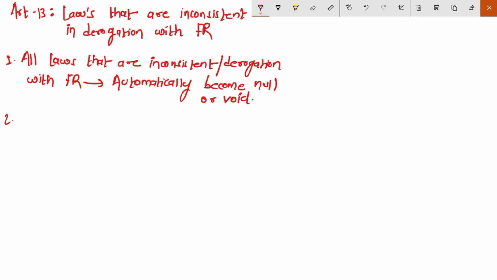Next is the Supreme Court. So who is the authority which actually declares that such laws are inconsistent or in derogation with fundamental rights?